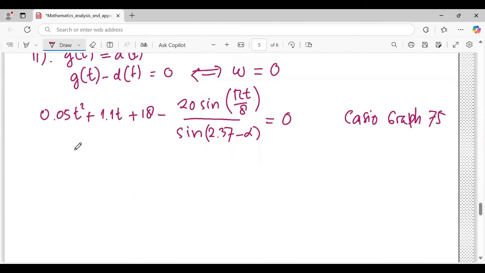When I sketch the graph, this is the w axis and this one the t axis, and the graph looks like this.